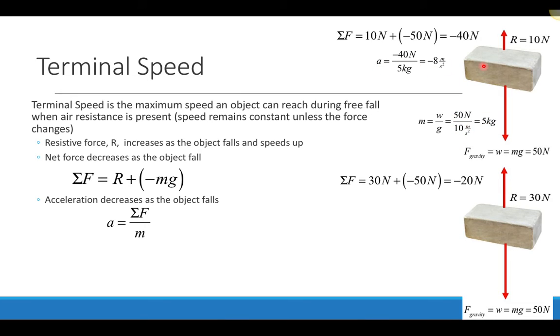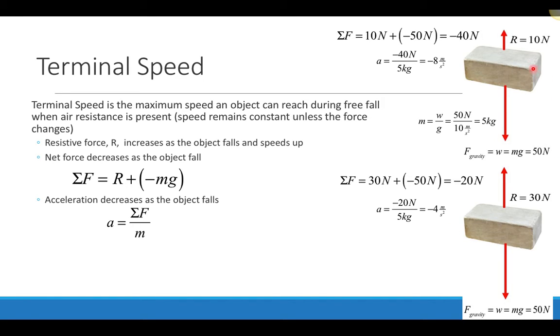So the acceleration of the block up here when the air resistance is only 10 is negative 40 over 5, which is negative 8 meters per second squared, versus when I get down further and I have more air resistance, I have less net force acting on it downward, negative 20, so my acceleration is only negative 4.